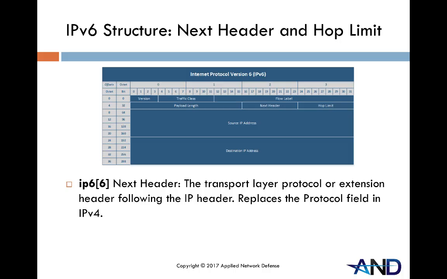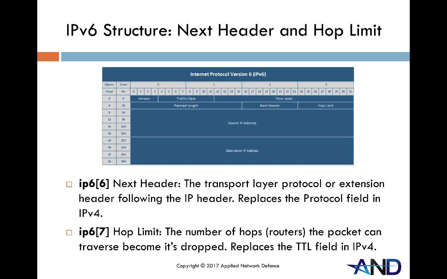So the next header may not actually be the transport layer protocol as it would be with IPv4. It's just another header, and the receiving system needs to know how to interpret that. We'll talk about extension headers in just a moment, but know that the next header field is essentially the same as the protocol field, but can do a couple extra things in regards to extension headers.